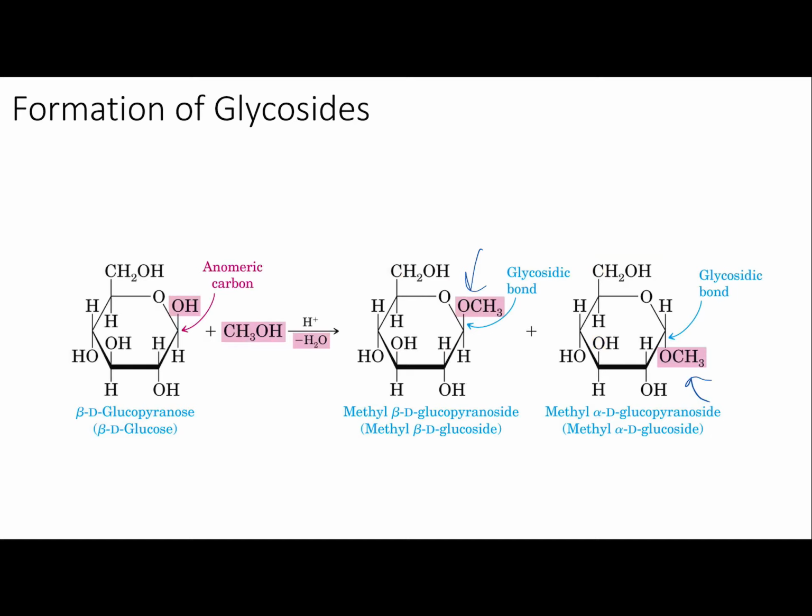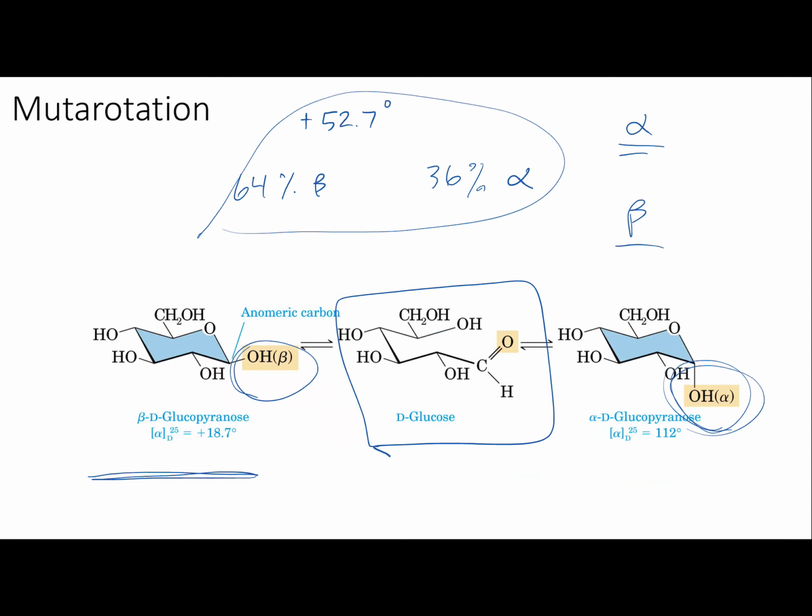Now, mutarotation is not possible for a glycoside. A hemiacetal is in equilibrium with the open chain compound, right? That's what we're looking at here, that these are all in equilibrium with each other.